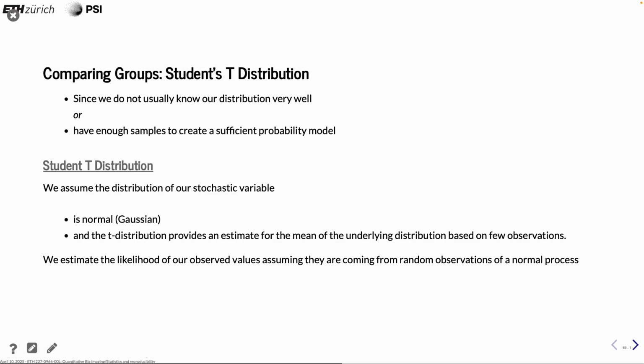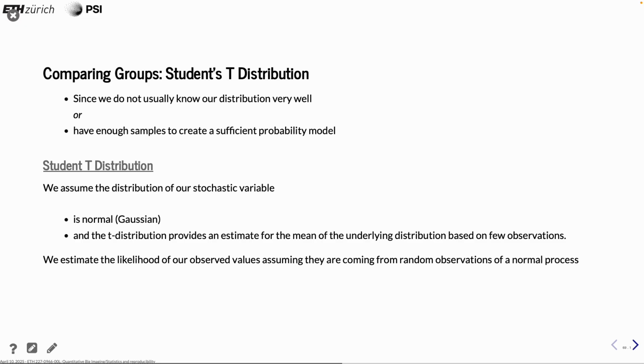You are relying on the law of large numbers, that everything sooner or later turns into a Gaussian. But this distribution takes into account that you're not completely sure that it is Gaussian. It can work with much less data, but the assumption is in principle that we have a Gaussian distribution and that the data is also unbiased.